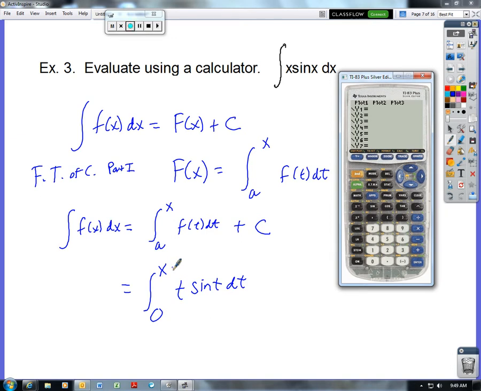If we were doing a definite integral, we would have actual numbers for both of these, and we would get one number, one value as our integral. But because it's indefinite, we are going to have a curve. Because remember earlier I was showing you that the indefinite integrals are a family of functions, a family of curves that differ by a constant. So when we do it this way, we're going to get a curve.